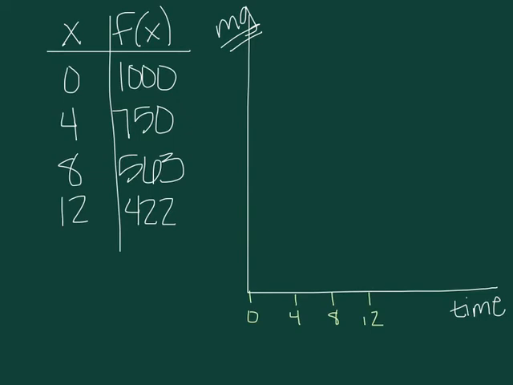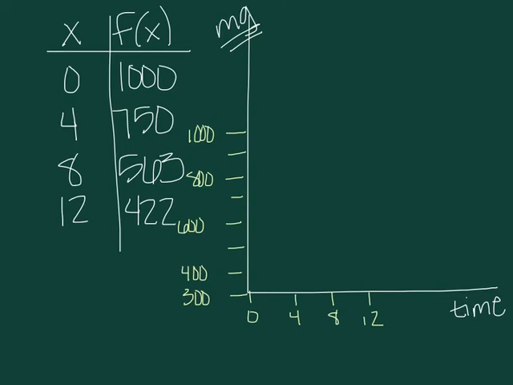Our y-axis, we need to go from 1,000 down to about 400. So I'm going to just go by hundreds. We'll start at 300, 400, 500, 600, 700, 800, 900, 1,000.